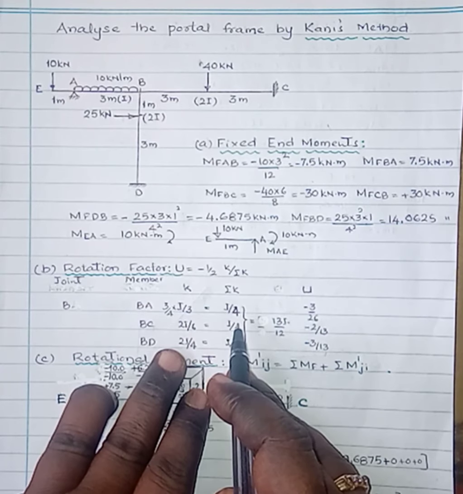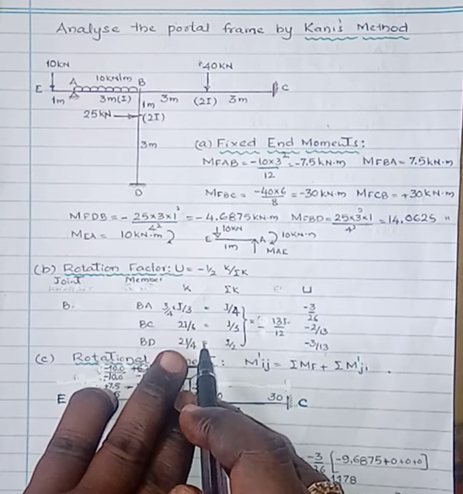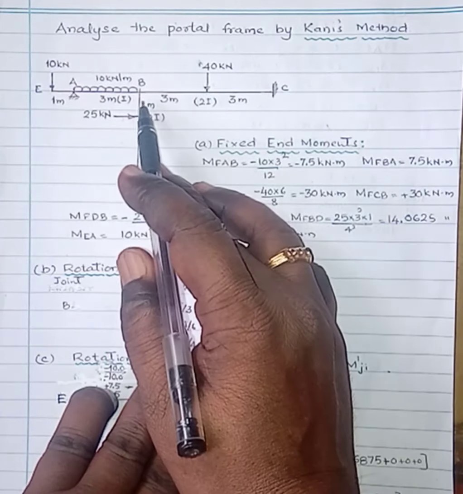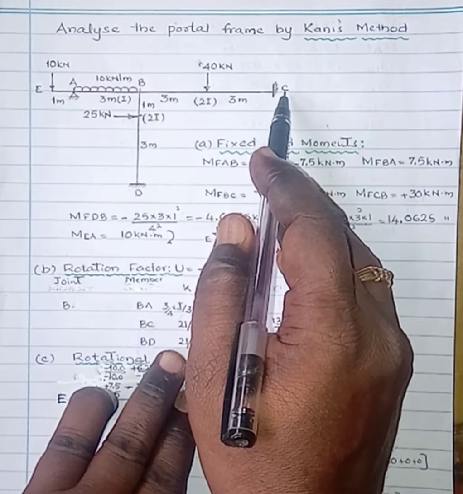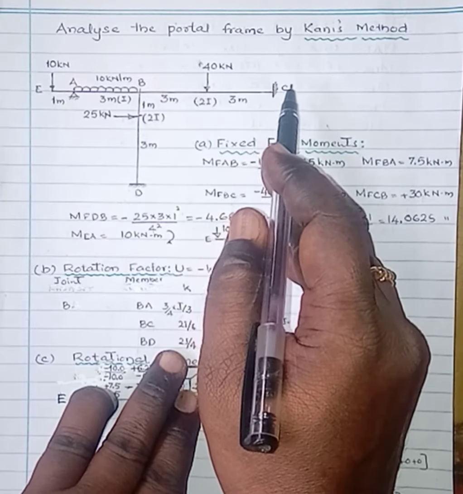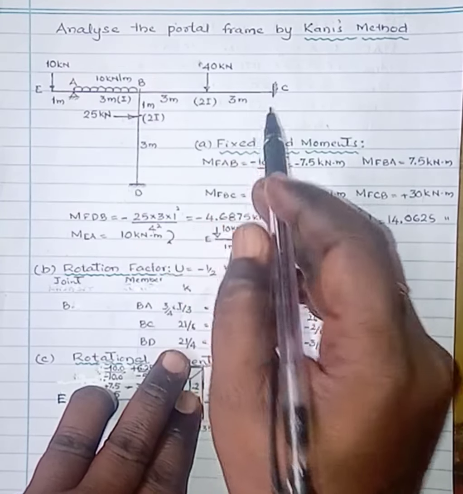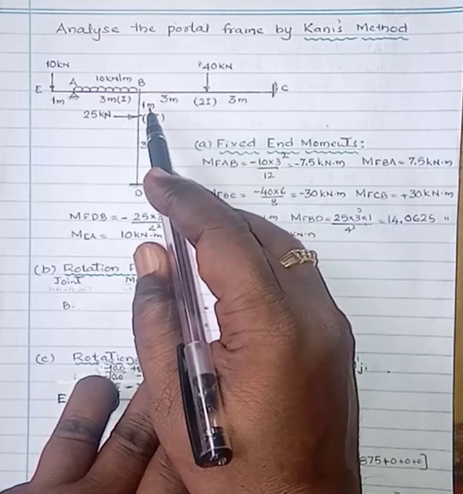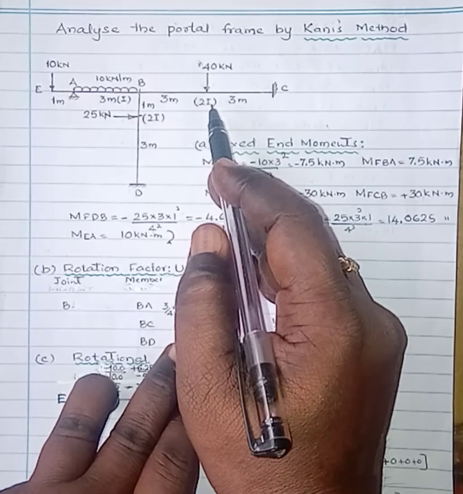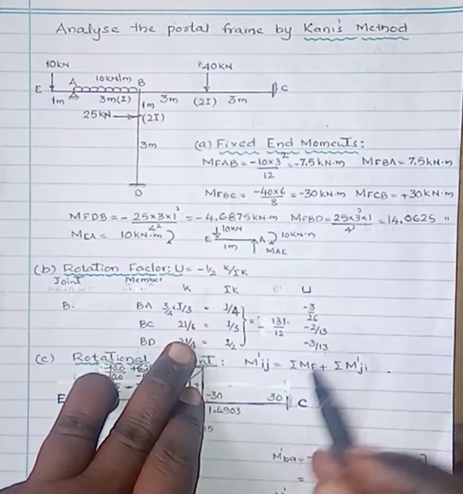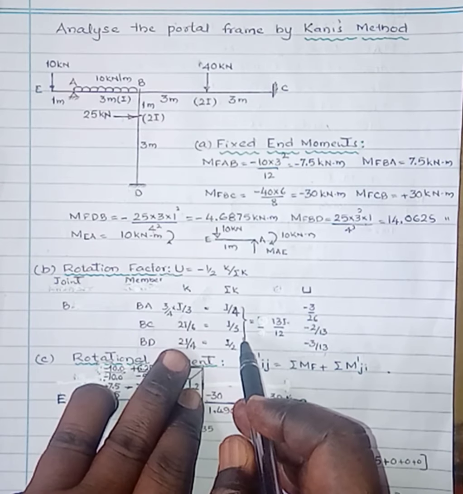If you simplify that, the 3 gets cancelled, I by 4. Similarly for BC, with respect to B, C is either continuous or fixed. It is fixed. Hence K equals I by L, that is 2I is the moment of inertia, 6 meter is the length, 2I by 6, that equals I by 3.